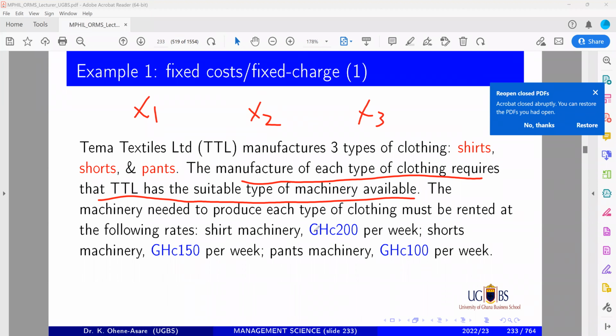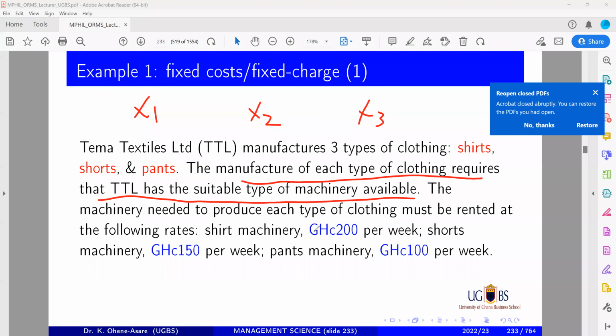So it means that another of your decision variable you got to decide on is whether you want that shirt machinery or you don't want that shirt machinery. You got to decide on that. As for the shirts, shorts, and pants, you've already decided that you're going to produce. But the next decision on them was how many you want to produce.